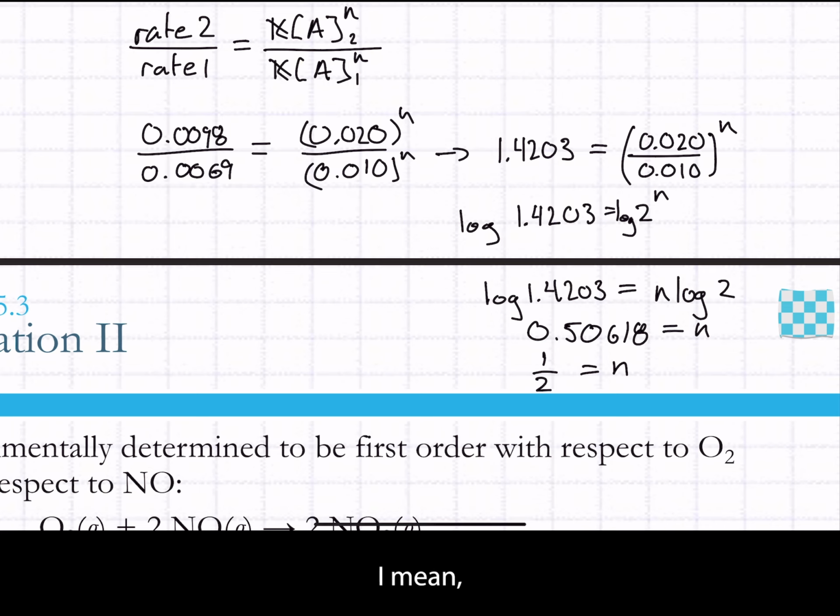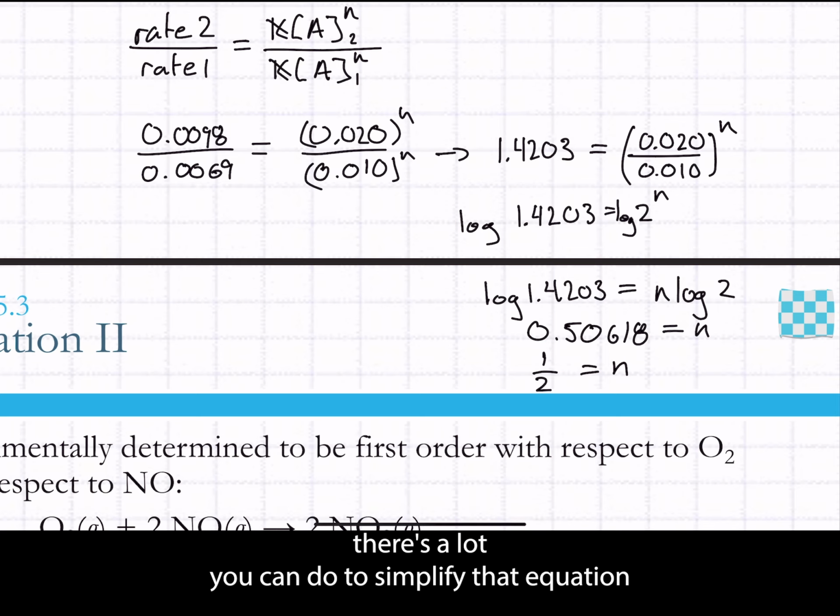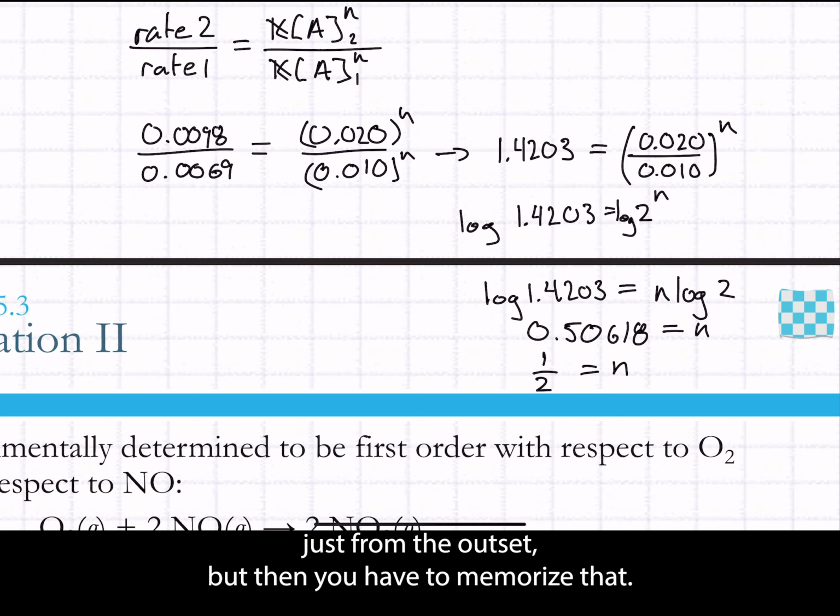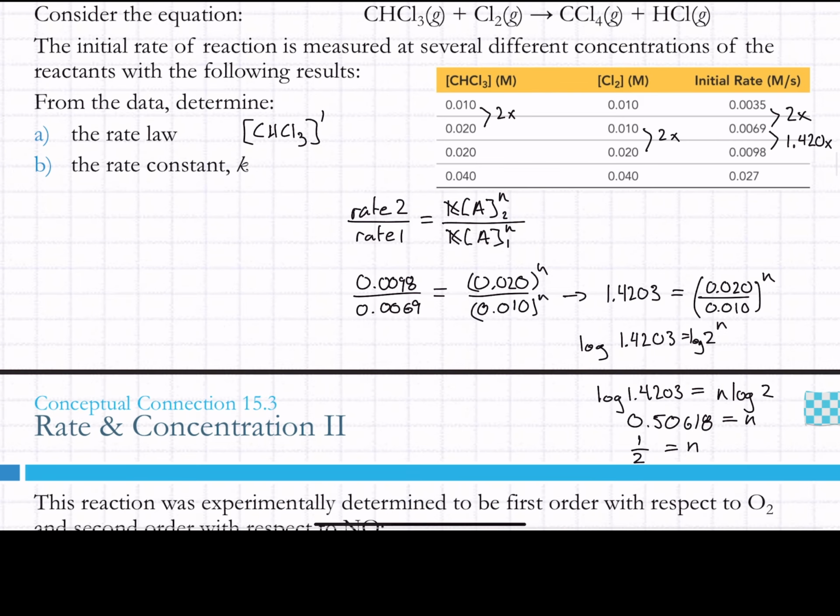There's a lot you can do to simplify that equation just from the outset, but then you have to memorize it. So then our order with respect to chlorine is 1/2. So then rate equals k times CHCl3 to the 1 times Cl2 to the 1/2.